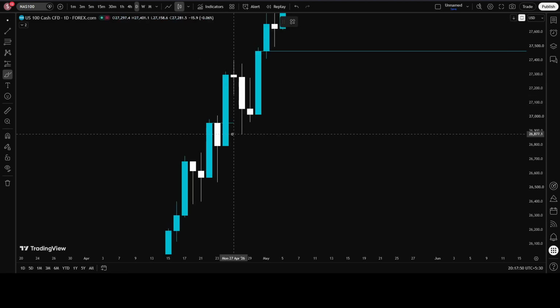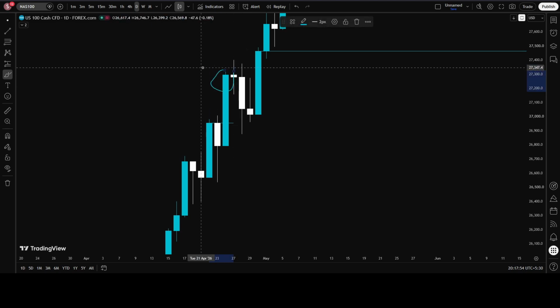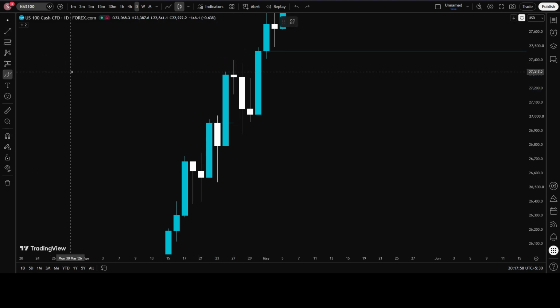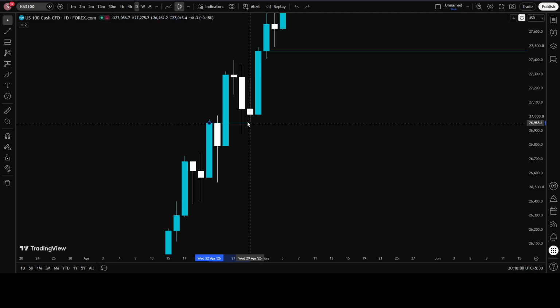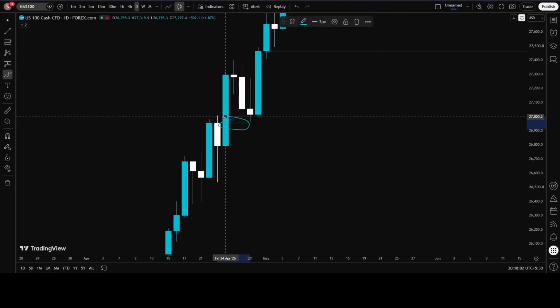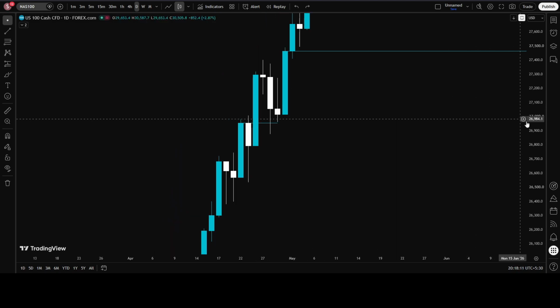It was supposed to go down, right, but it didn't and it just went up. Good. So now this resistance, right over here, becomes and acts as a support. So when price comes back, touches, it goes upside again. That's how it works.